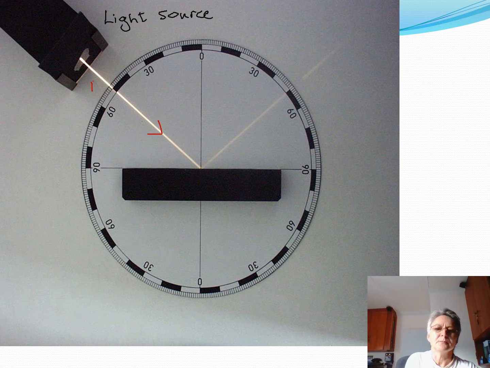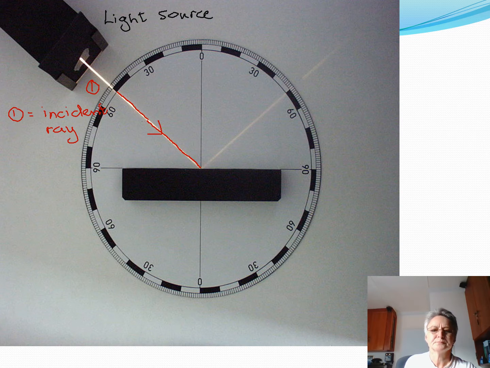I'm going to number it 1 and say 1 is the incident ray. So you would draw a line using a ruler. Now, where this incident ray hits the mirror, that is where you need to draw your normal.